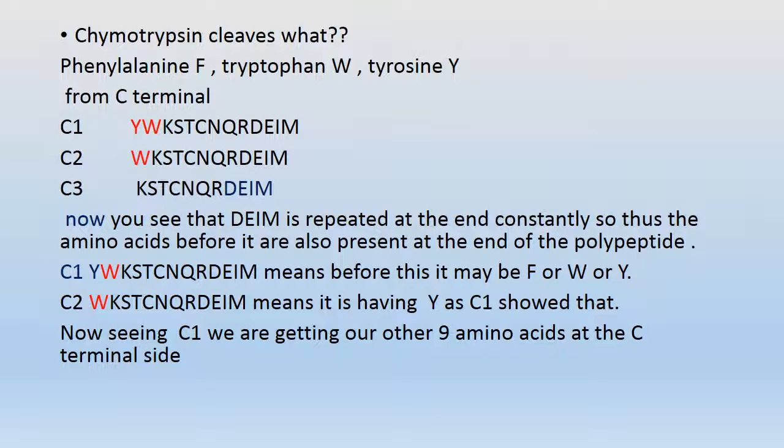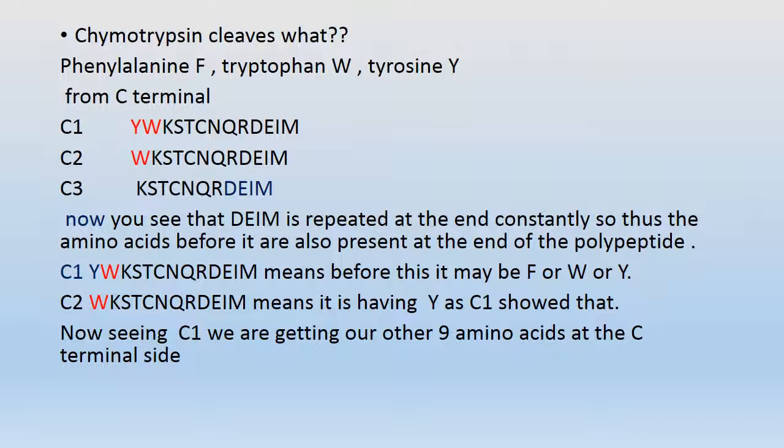So now we are seeing C1. After the C terminal there is a phenylalanine, tryptophan, right? It has been present over there. So at C1 you have a fragment that has phenylalanine, tryptophan, KSTCNQRDEIM. So it means that in the C1 fragment before tyrosine there will be either phenylalanine, tryptophan or another tyrosine, right?